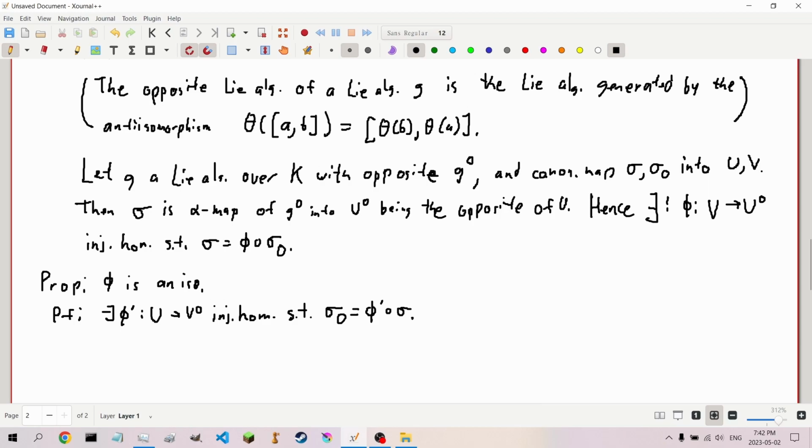All right. With phi prime, I'm not going to be grammatically correct here, considered a homomorphism from U naught into V, kind of just taking the opposites of the domain and codomain.